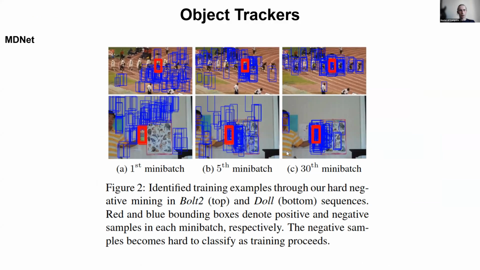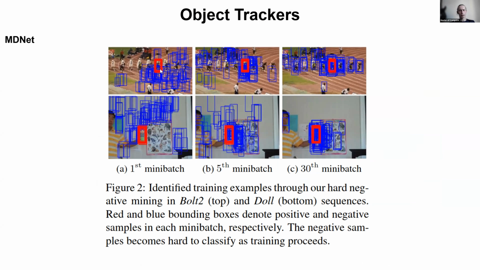Let's take a closer look at this procedure. At the pre-training stage, we take our frames with known object positions and generate dozens of proposals, negative in blue and positive in red, around the object.